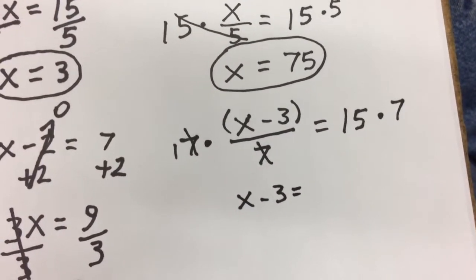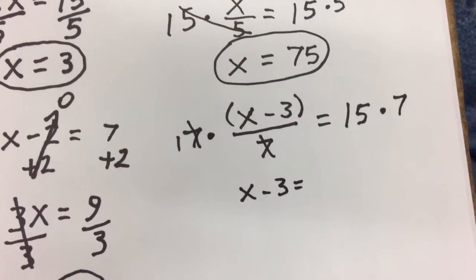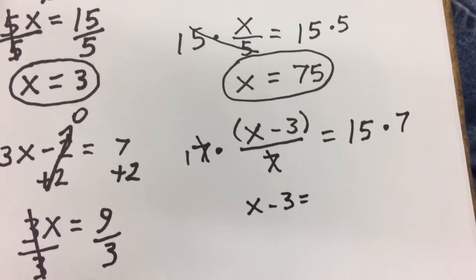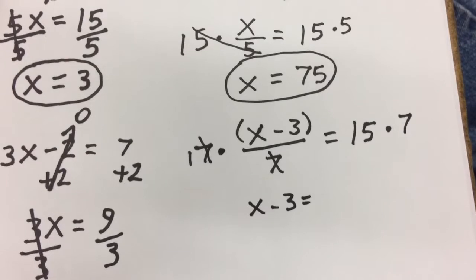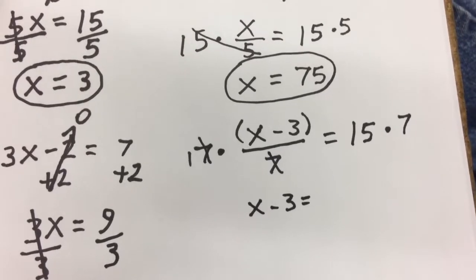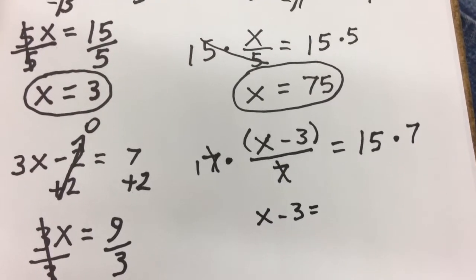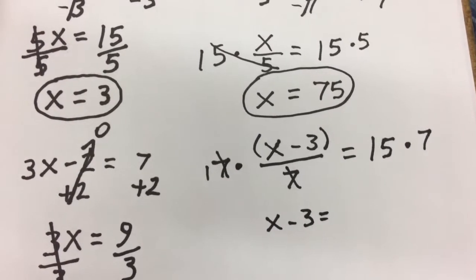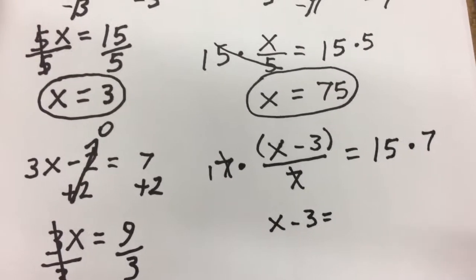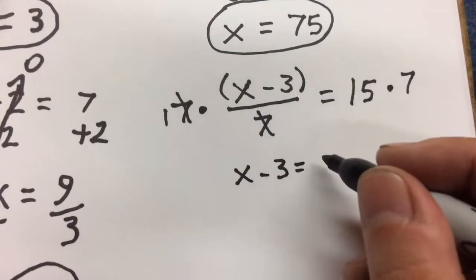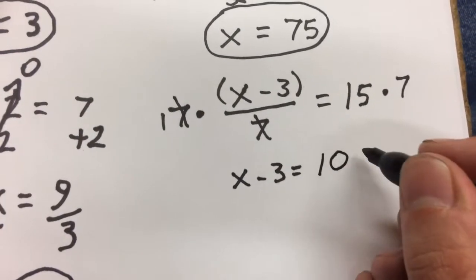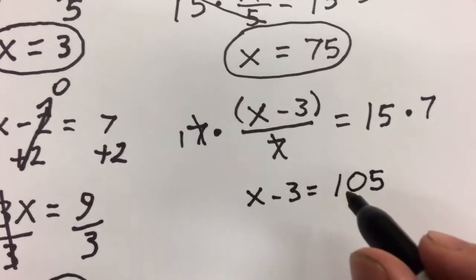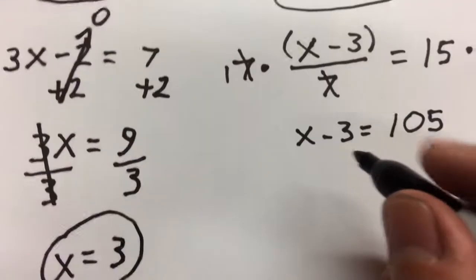times 7, which is 105. x minus 3 is equal to 105.